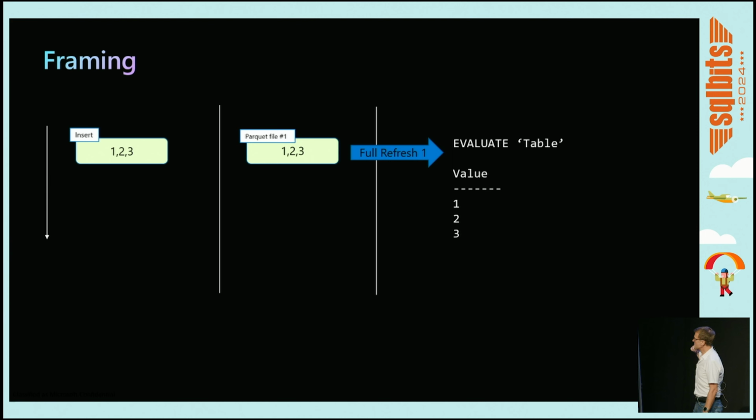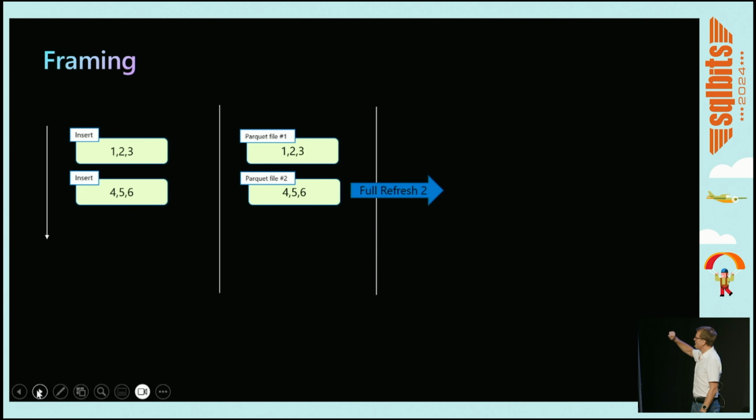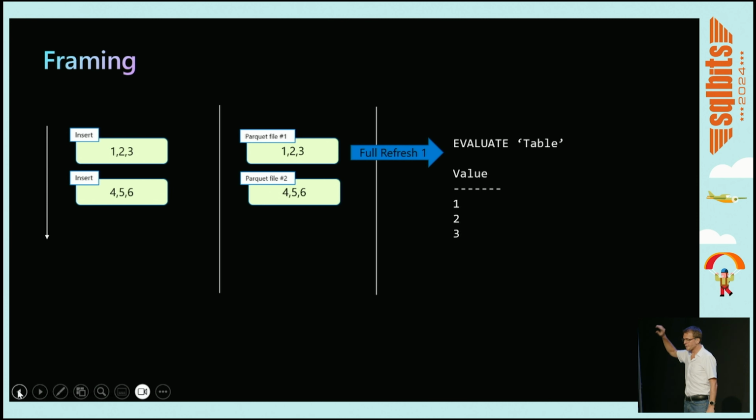Now if you click to the next one, in my lakehouse, someone comes along and inserts some data, such as 4, 5, 6. It doesn't pack it into the original Parquet file. You get a second Parquet file with its own timestamps that include the new data. But if I don't reframe and I run my select star from table in DAX, I don't see the 4, 5, 6 here.